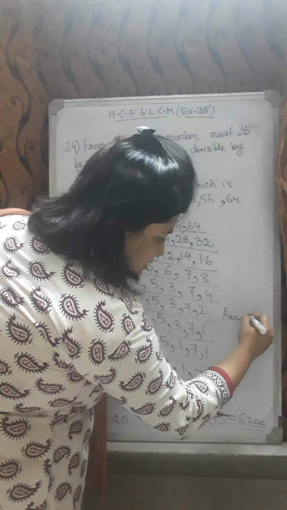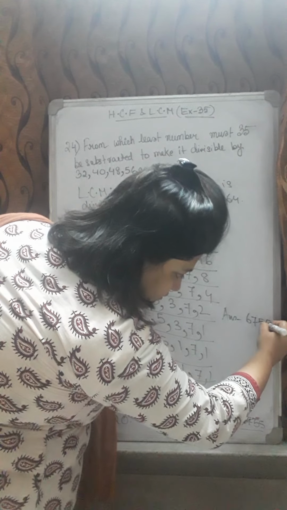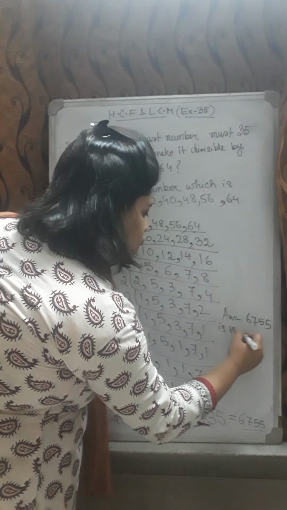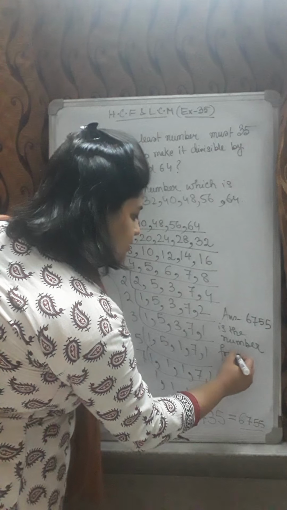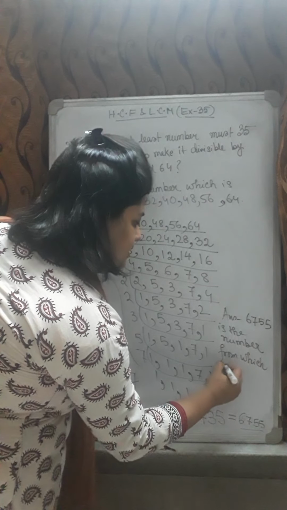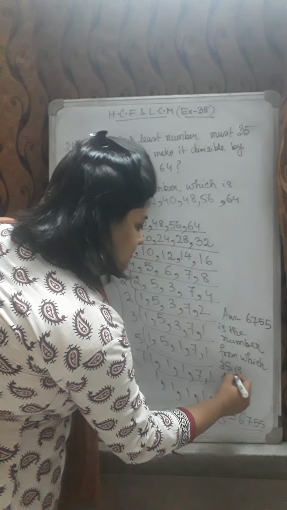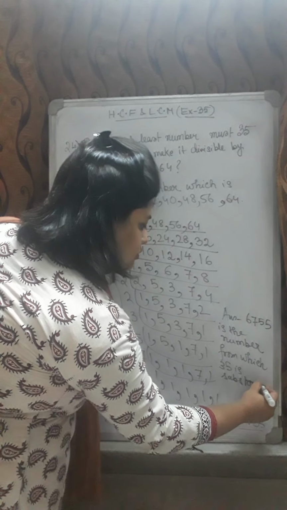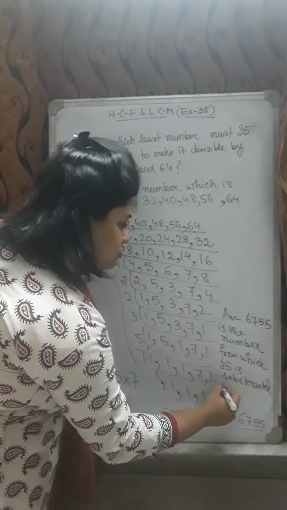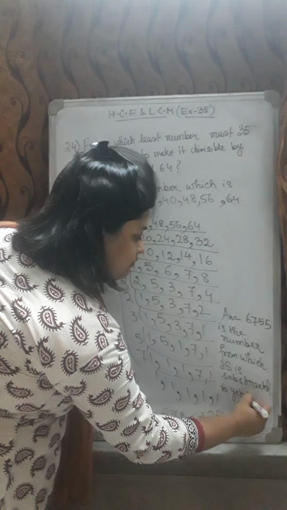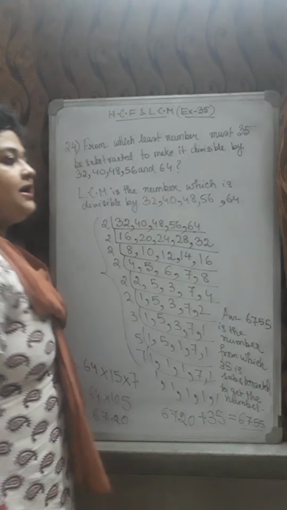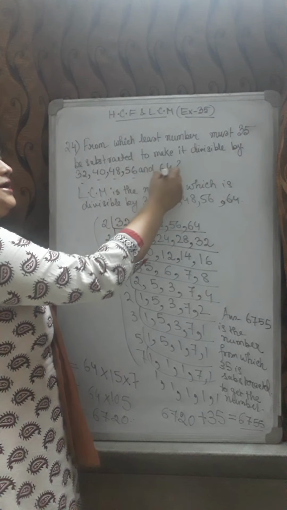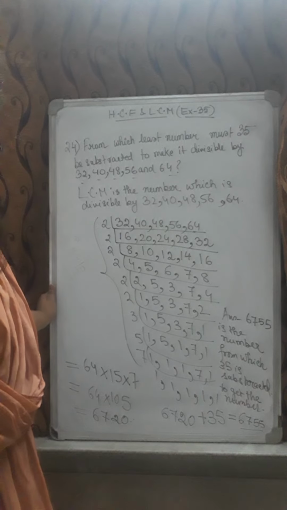So the answer is 6755 is the number from which 35 is subtracted to get the number divisible by 32, 40, 48, 56 and 64. So that is the answer.